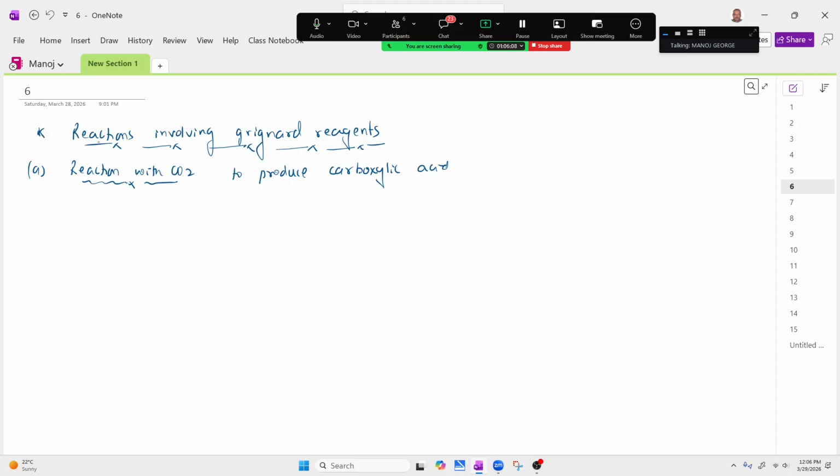Now I'm going to give you an example of a carboxylic acid that I want you to make using this particular technique. And then we will do some additional questions. So for example, let's say I want to prepare 3-methylbutanoic acid.